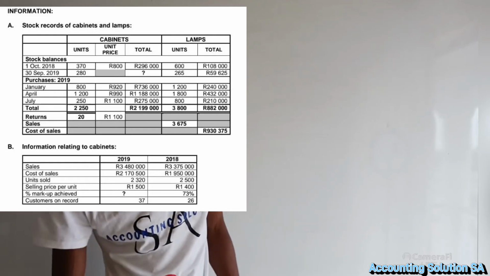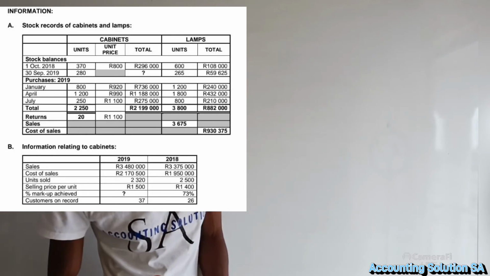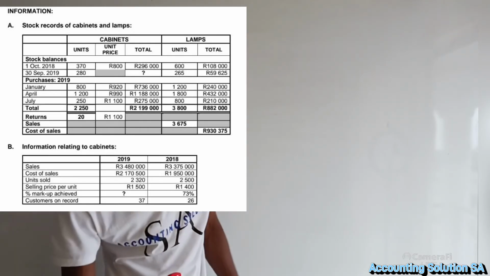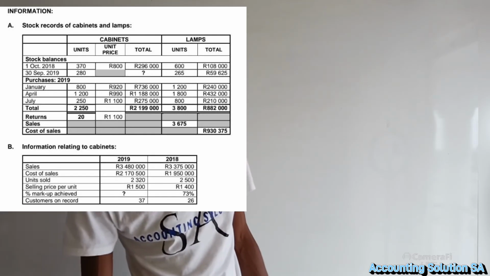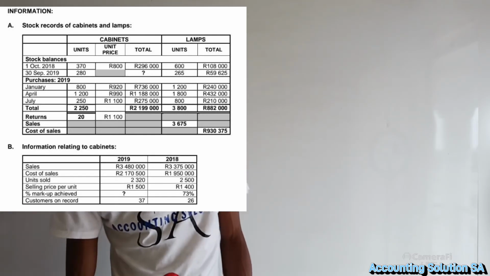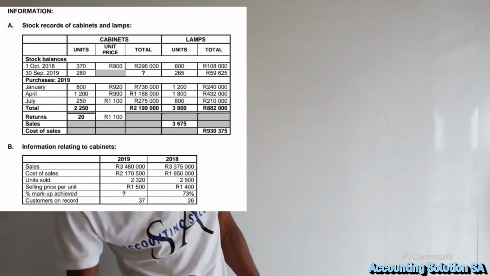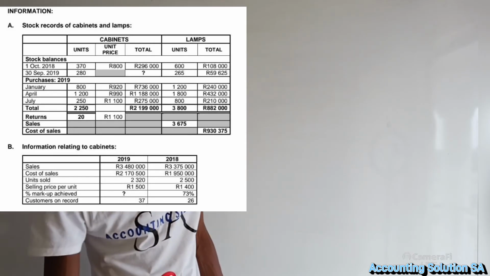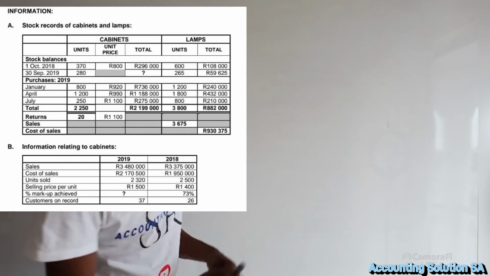Purchases start from January until July. Remember, after the totals of purchases, we also have a return of 20. We assume this return of 20 is from the last batch, which means that for July we have to take 230 instead of 250, because we have to subtract the return of 20.